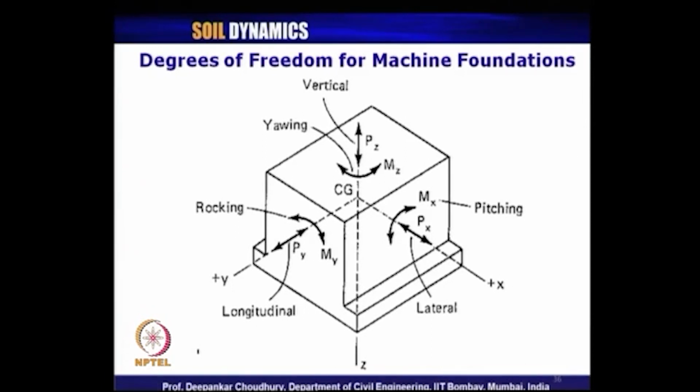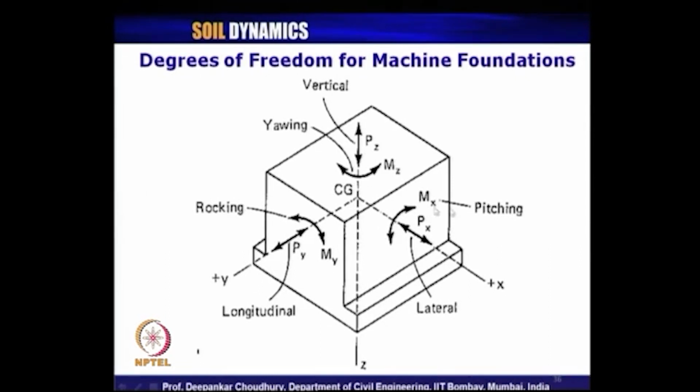Now, let us see the 3 rotational vibrations. When your machine foundation is subjected to a dynamically applied moment Mx, it can rotate about x axis.